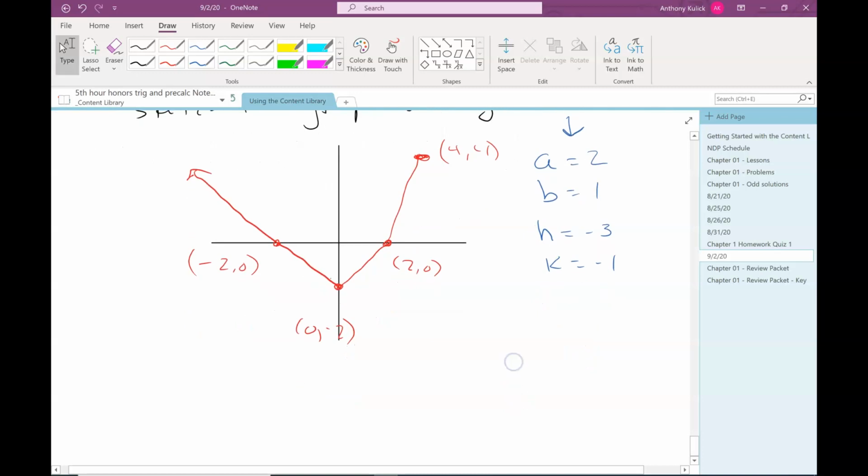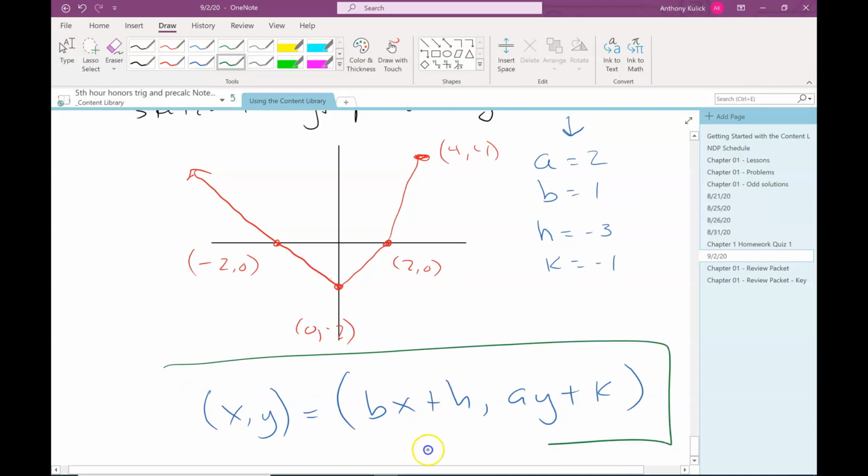Now I'm going to approach this kind of like that geometry transformation problem that we did way back in geometry class, like years and years ago. So the transformation map I'm going to use is this one. So that's going to be important.